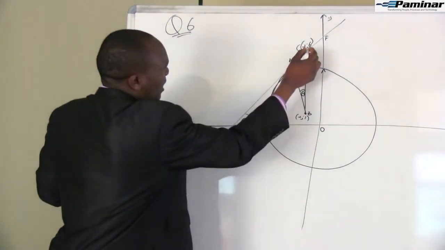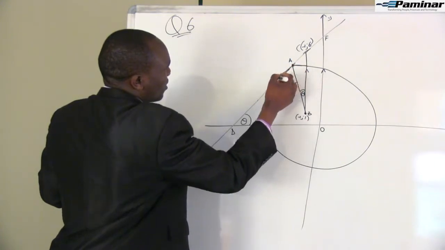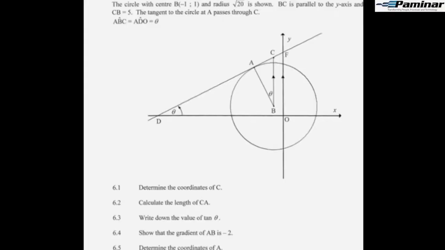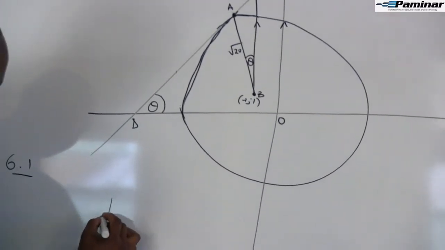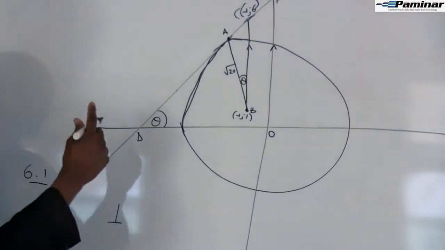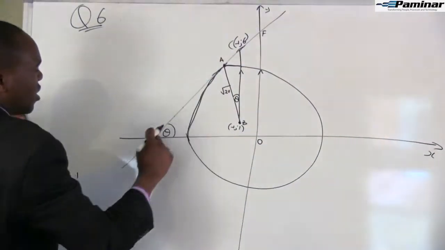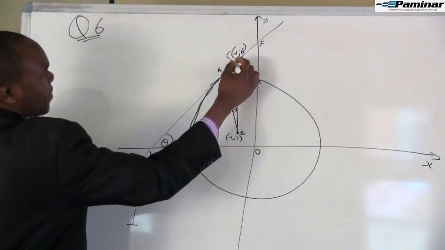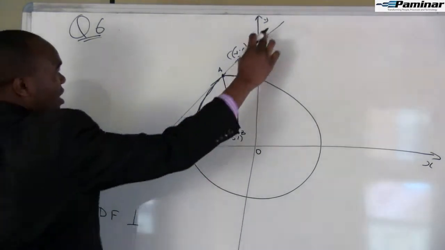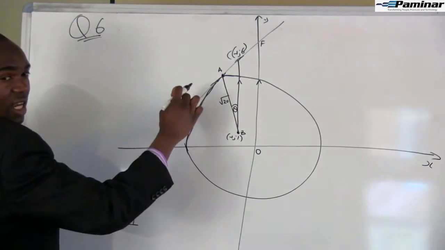But what do you know about the tangent in connection with the circle? What do you know about the tangent in connection with the circle and the radius? Okay, now the tangent and the radius, what is the relationship? They are perpendicular to each other, right? So meaning to say, this line there, line DF, remember, DF is the same as AC, they have the same gradient and everything.